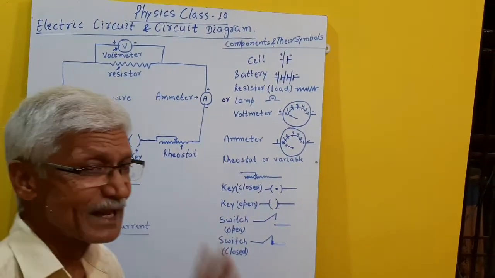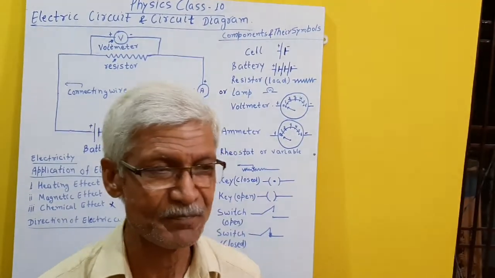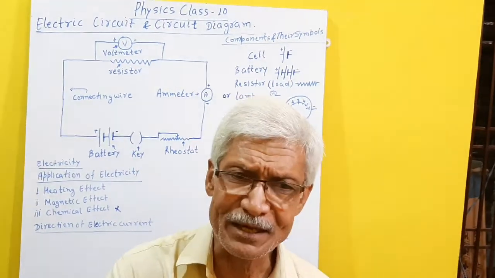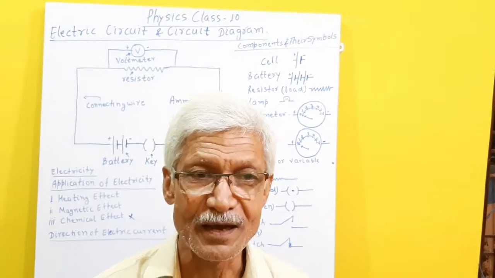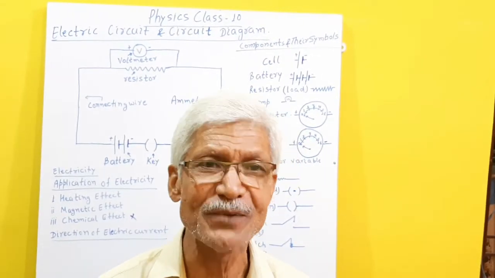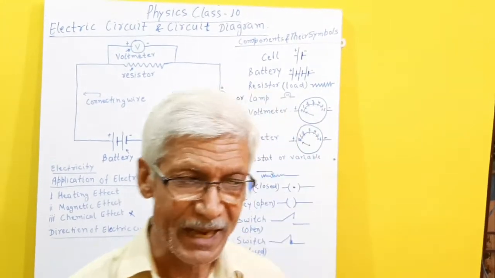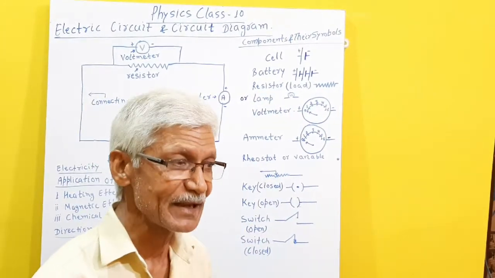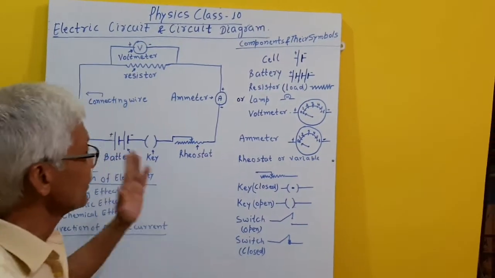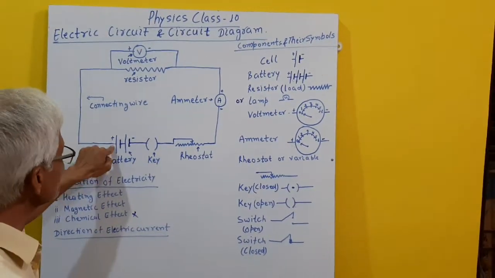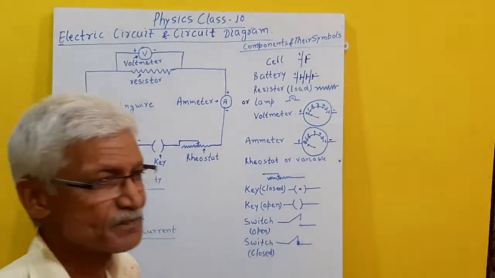Now a question arises: what will be the direction of the electric current? Actually, when electric current was discovered, it was believed that the flow of positive charge constitutes the electric current. So the direction of the electric current was taken from positive to negative, meaning the electric current emerged from the positive terminal and merged at the negative terminal.